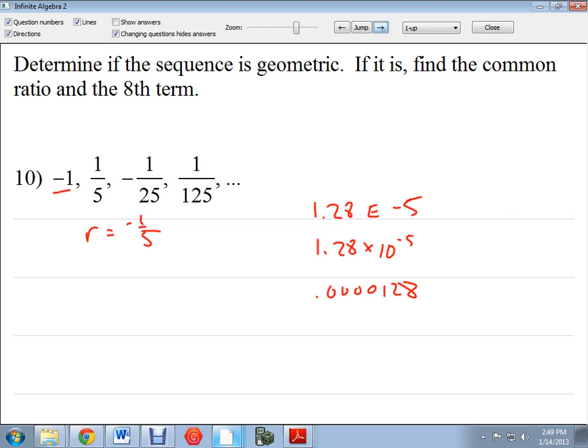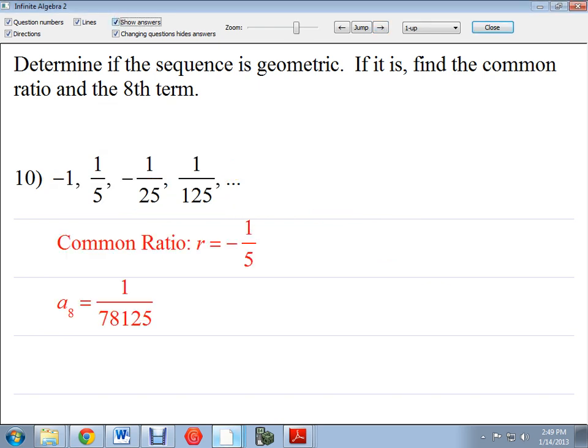You may want to consider doing a separate sequence, just looking at the bottom numbers and looking at the top numbers, and doing a sequence for each one of those separately. That way you could write out your fraction answer. And the fraction answer for this one would be 1 over 78,125.